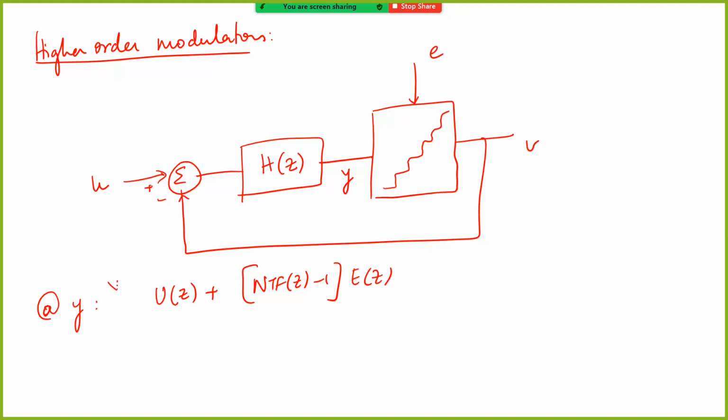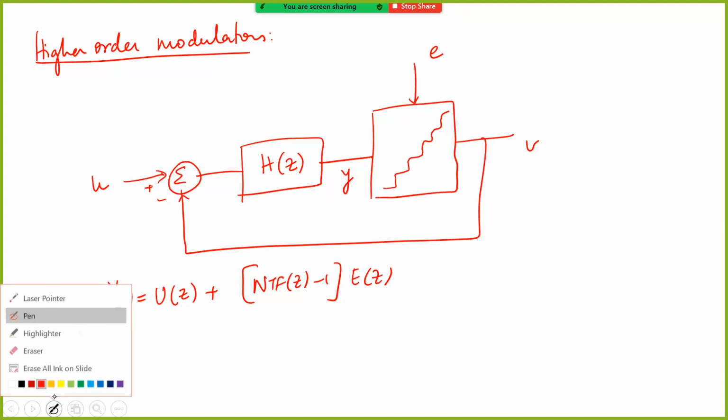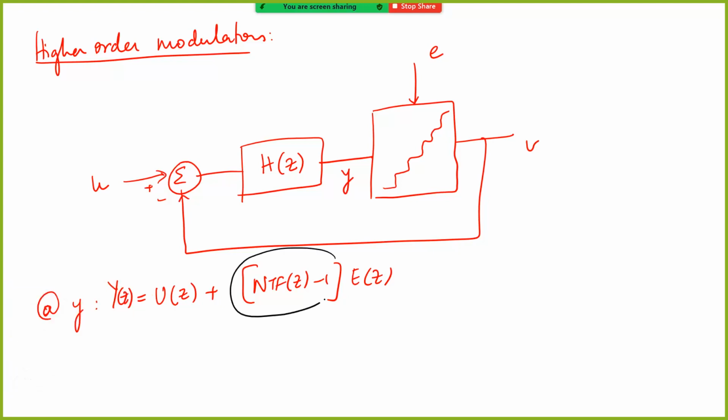So Y(z) can be written like this. This is what we saw in last class, right? And what we saw was that the variance of this particular term increases as the order of H(z) increases. Correct, that's what we saw.